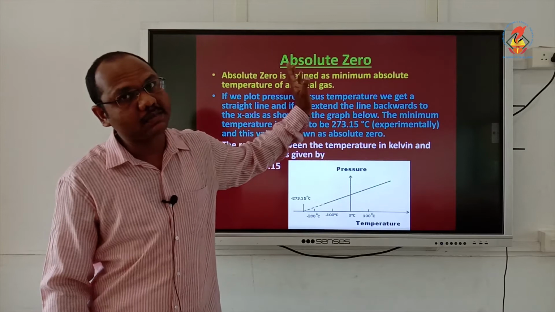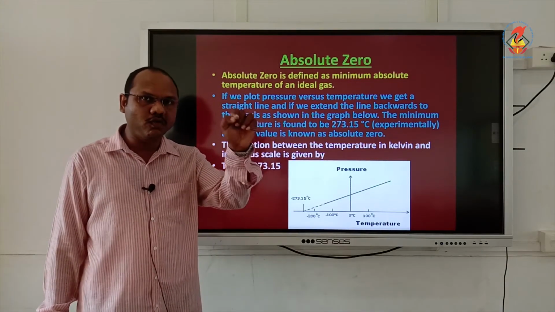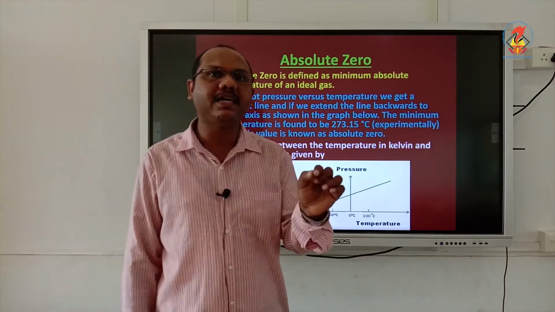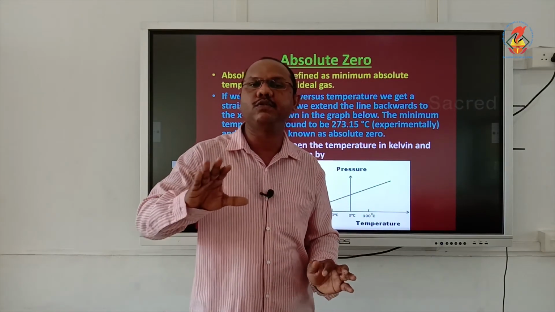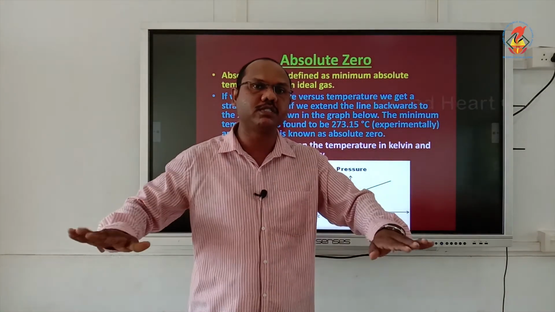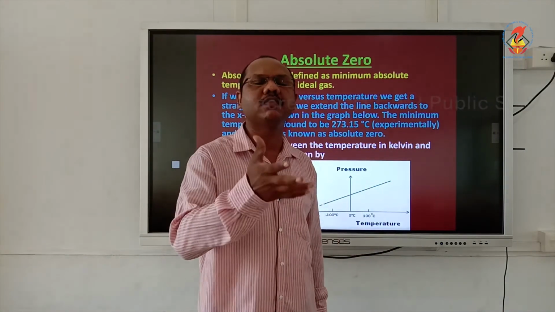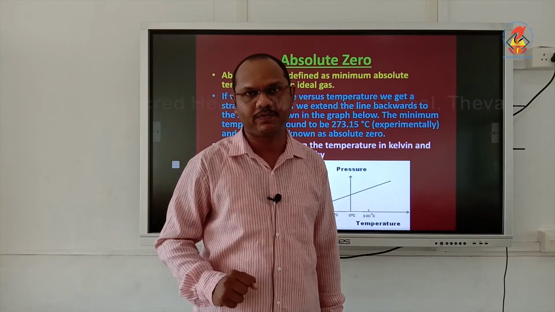So what is absolute zero? It is the lowest possible temperature that we can achieve, where the complete molecular motion stops. At that time, the pressure of the gas will be zero, the volume of the gas will also be zero.